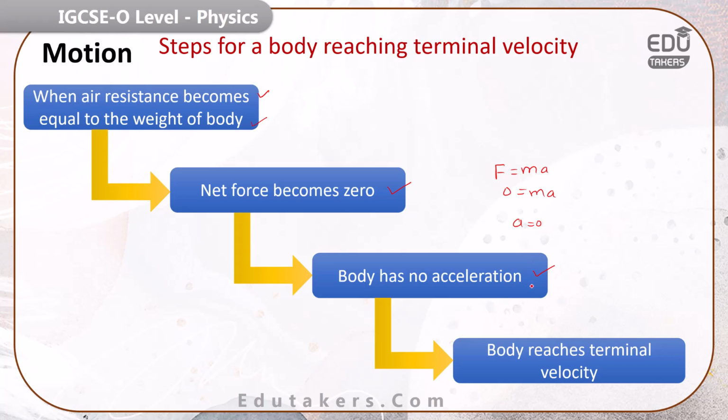Therefore, the body has no acceleration. When the acceleration is 0, according to the definition of acceleration, which is change in velocity per unit time, delta v would be equal to 0. It means that the final speed and the initial speed become equal, and the body attains the terminal velocity because it attains a constant speed.